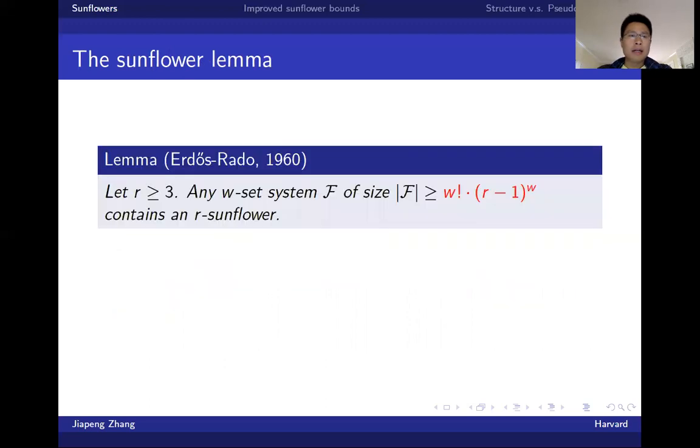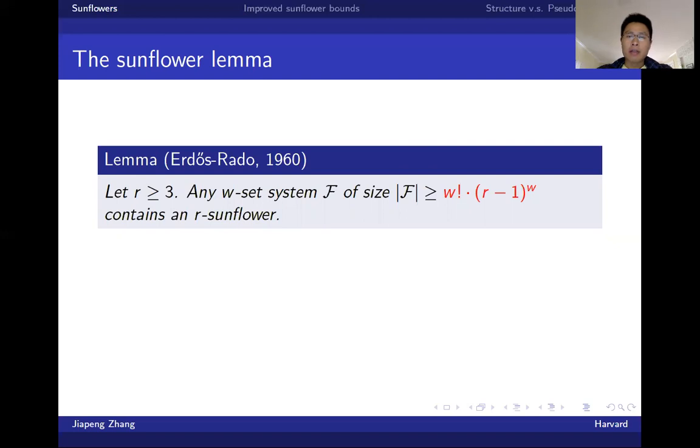Then what is the sunflower lemma? In the same paper, Erdős and Rado proved the first sunflower lemma. For any fixed R, any W set system of size at least W factorial times (R minus 1) to the W contains an R sunflower.